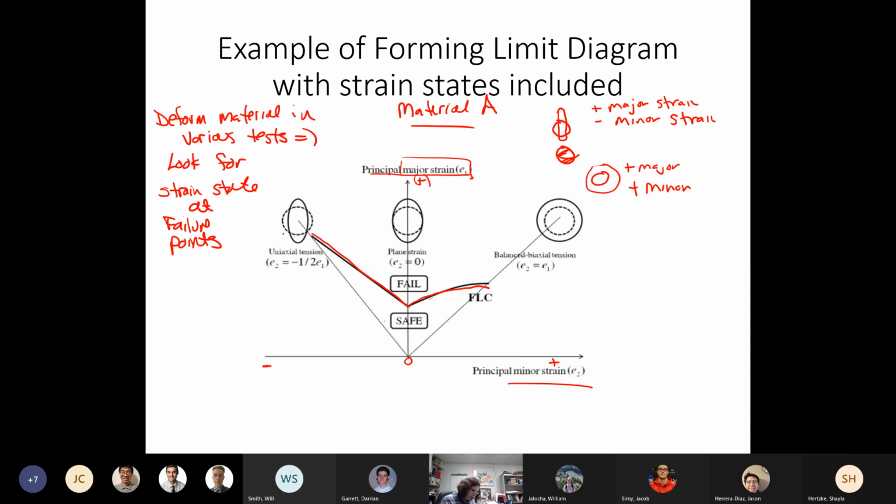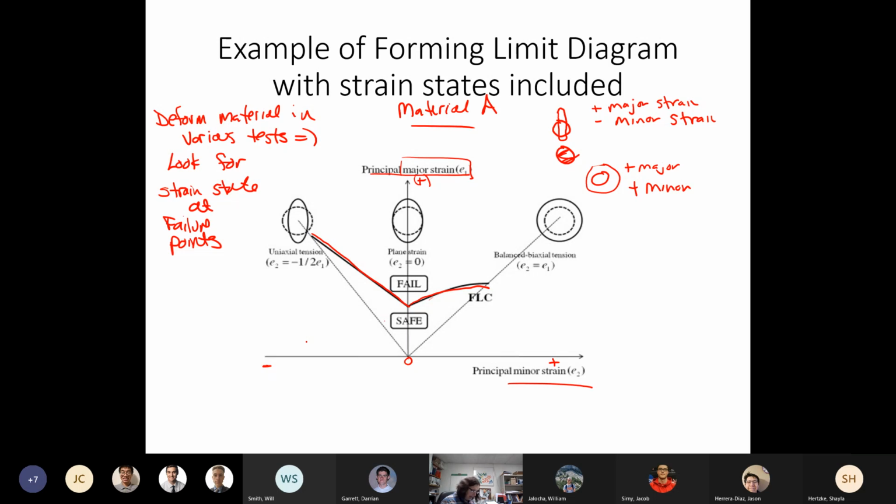You can see over here we have the negative minor strain, and here we have the positive. You may notice that we can get more overall deformation if we have that negative minor strain. And that's certainly the case.